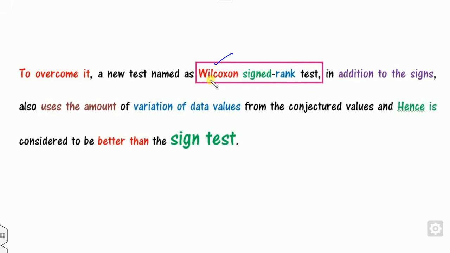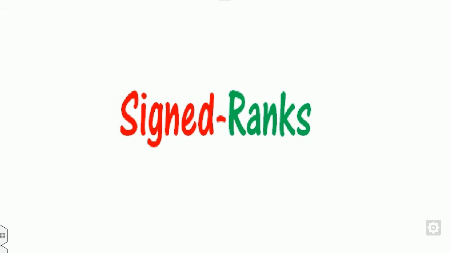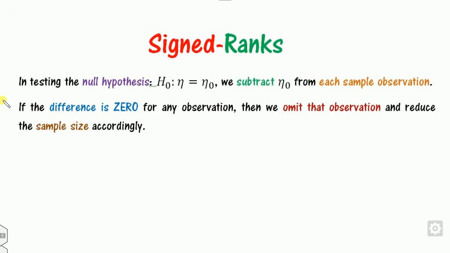In order to understand the Wilcoxon signed rank test, I will first explain what the signed test means and how we can compute the signed rank. To apply the signed rank, take the null hypothesis H0.